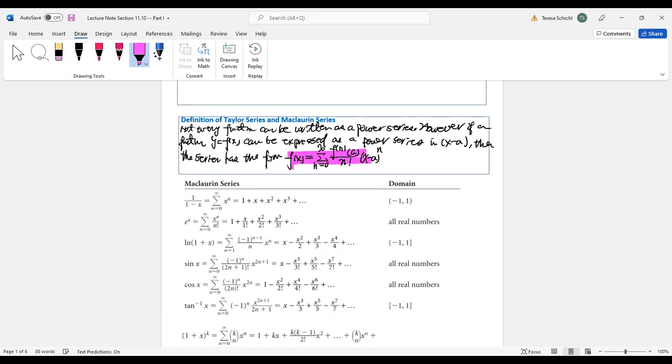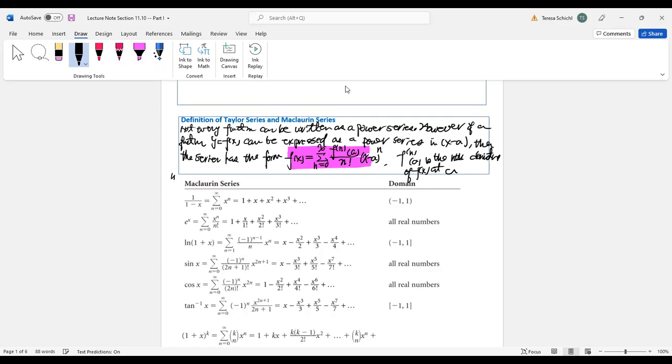Here f to the n of a is the nth derivative of f of x at a.